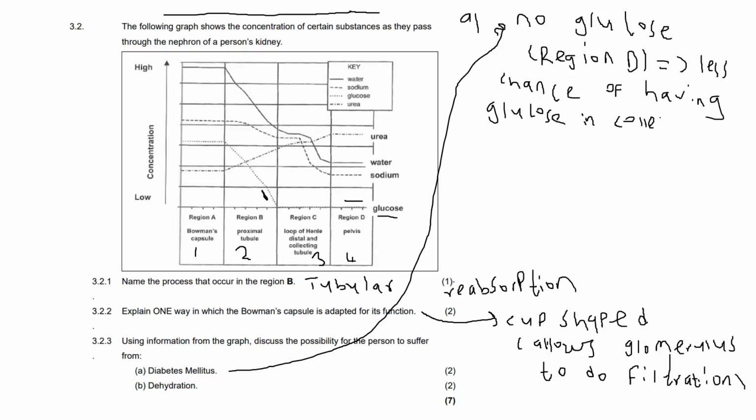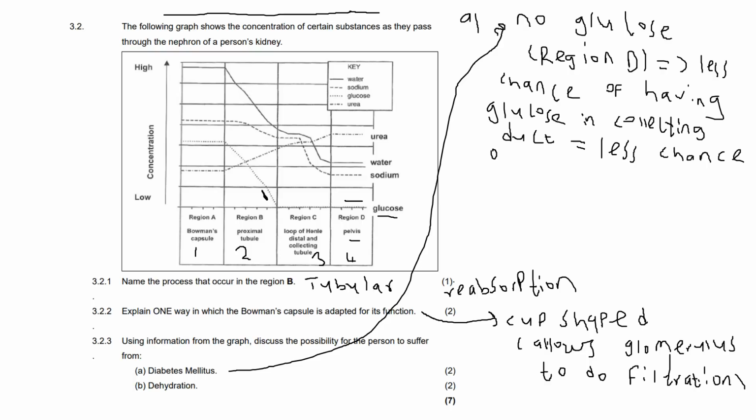If you've got less glucose in the collecting duct, therefore there is less chance of diabetes. Meaning the person in the diagram has less chance, or the possibility is very rare, of having diabetes, because region D here is where you're going to get your collecting duct.